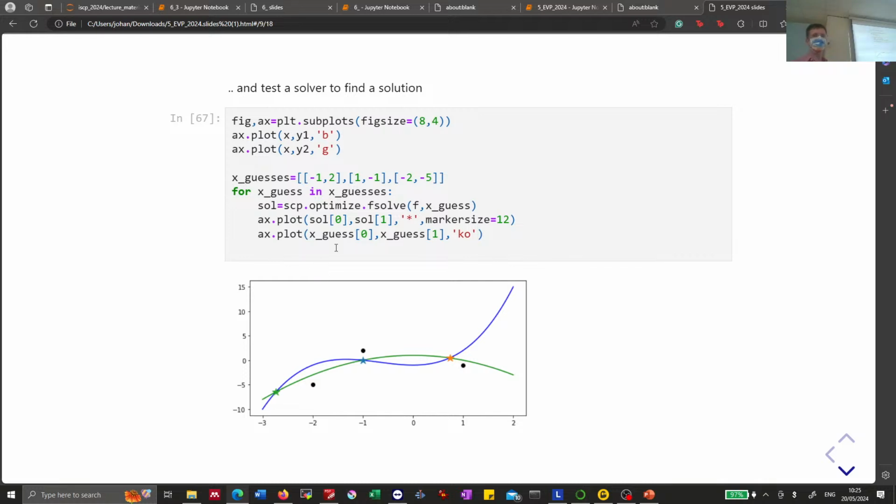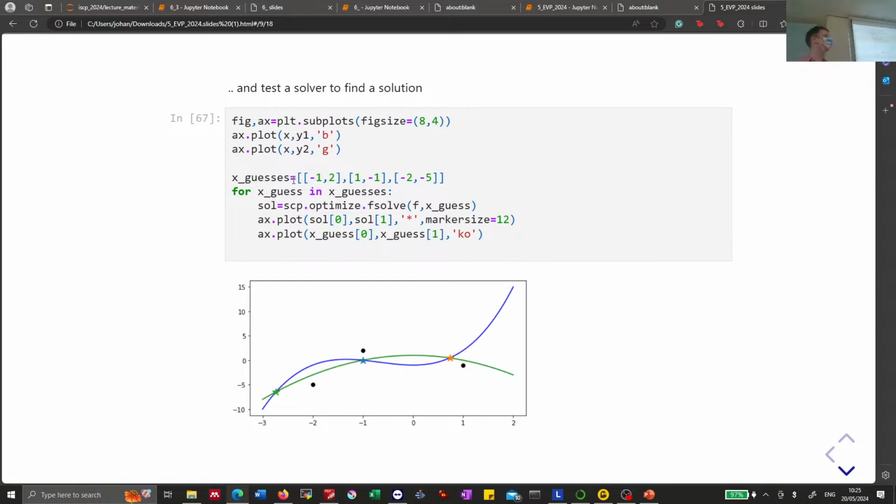Now, when we try to solve this, we use SciPy again, optimize.fsolve, the function solver, a very general one. We can provide different starting points.